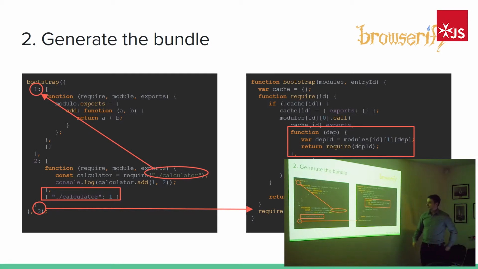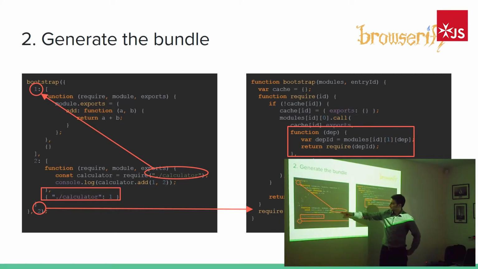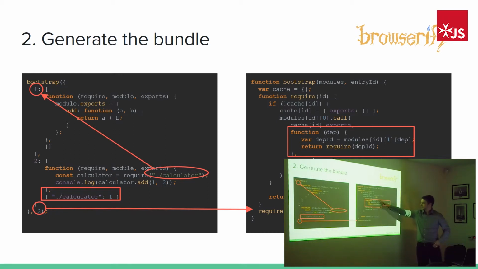But if we somehow could modify the source code and replace this /calculator with 1, then we could remove this extra mapping, and we could remove this extra wrapping of require where the /calculator will be mapped to the module ID.